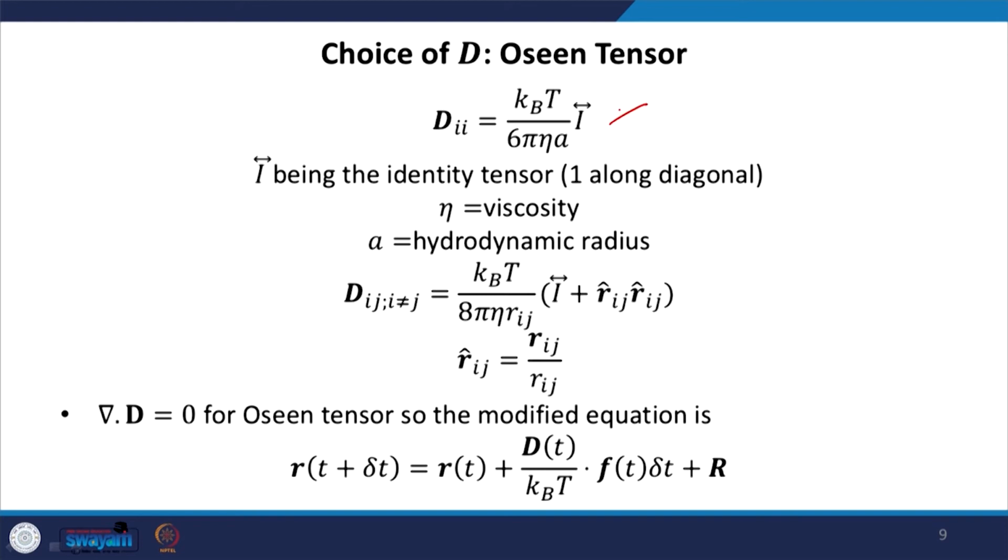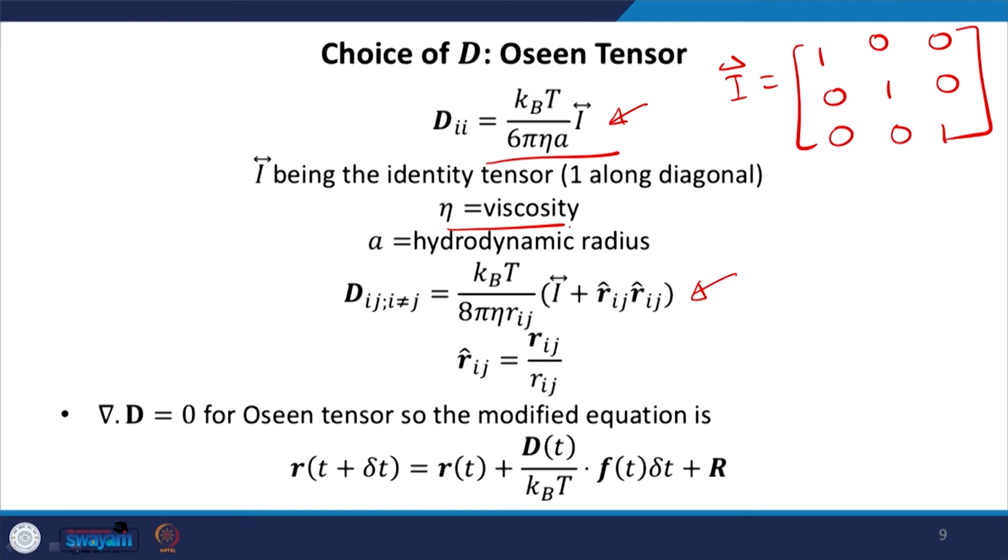It contains basically 2 different expressions, for the pair of the same particle and for a pair of 2 different particles. For a pair of the same particle, Dii is given by kBT by 6 pi eta a multiplied with the identity tensor, where I is defined as essentially a diagonal of 1 and all other off-diagonal terms are 0.